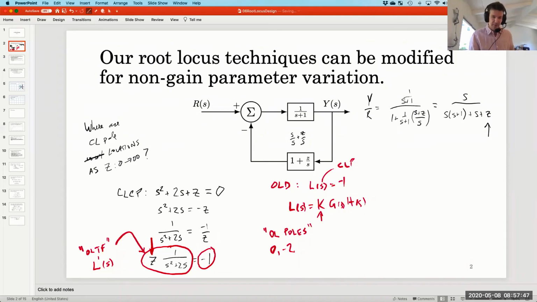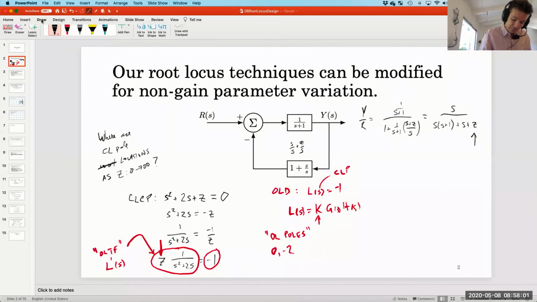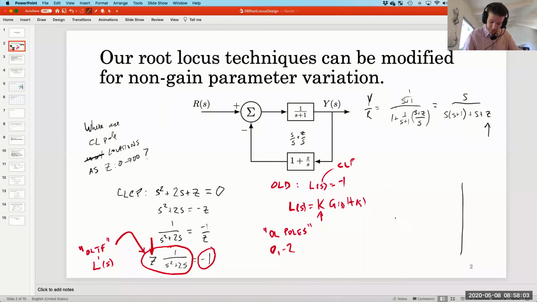This is even more difficult if I can't see that you get that I'm doing air quotes here, because I'm using these terms to mean the function that looks like our old open loop transfer function. So we have something that acts like an open loop pole at the origin, something that acts like an open loop pole at -2, and now we're back into the groove of root locus procedure from last unit.